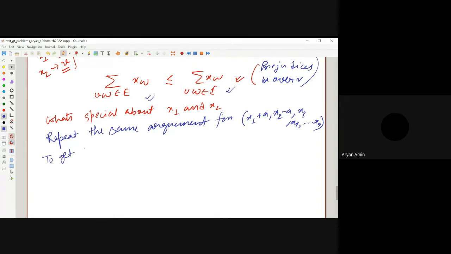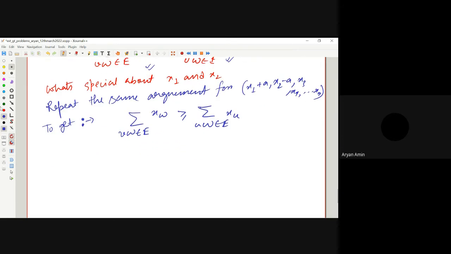This is basically symmetry. I could have just said hence by symmetry, but symmetry can mean a lot of things, so it wouldn't really make sense. So xw is at least summation xu over uw belongs to E. Does this make sense?